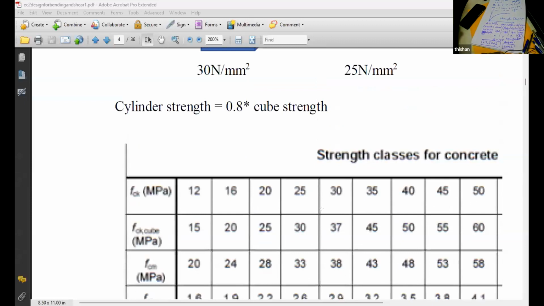Because we developed the construction technology when the cube was available, so now I don't want to change it. I can change it, but I don't have to. I can still go with cube strength because Eurocode supports cube and cylinder both. But if you are designing for Eurocode, it's cylinder. But for construction technology, they have not said anything. So you can use either cube or cylinder. But in this particular case, I am using cube strength. Okay, any other question?